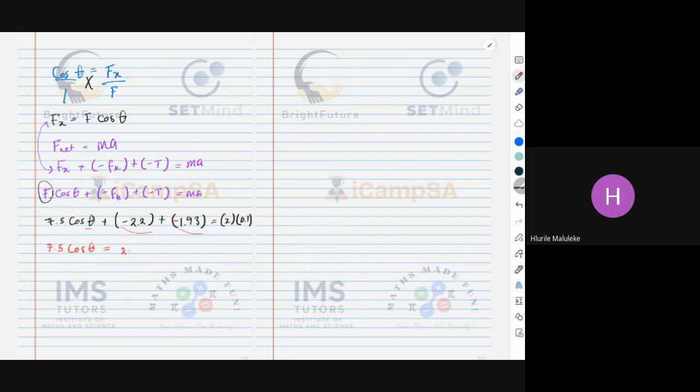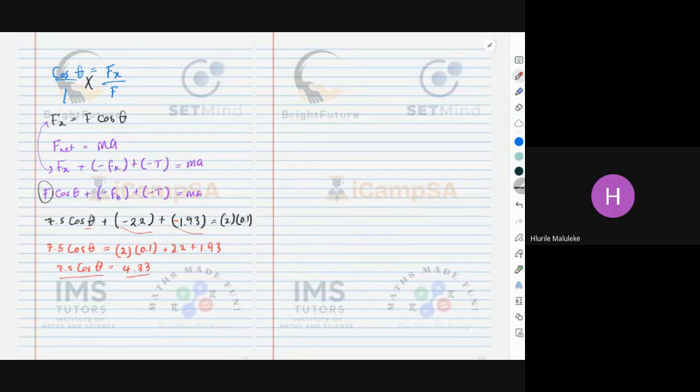So you can say 2.2 times 0.1 plus 2.2 plus 1.93. So this is going to be 4.33.